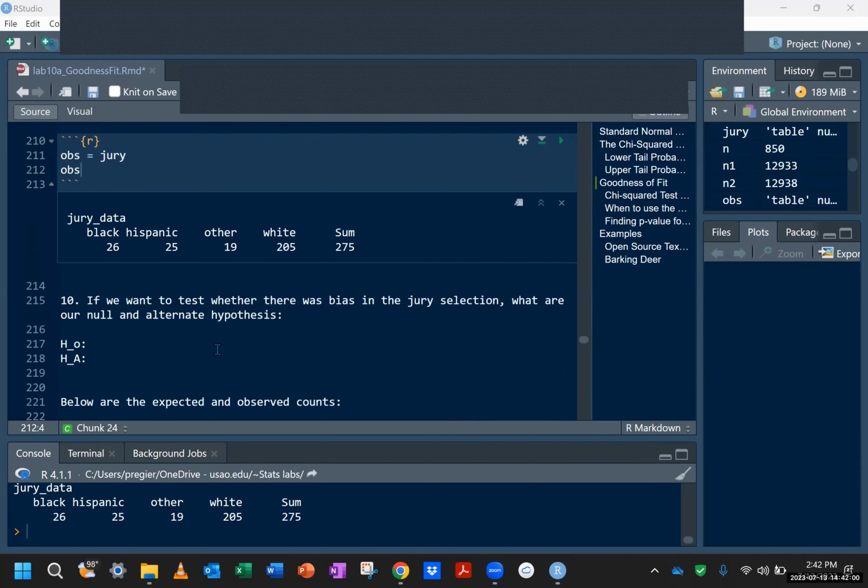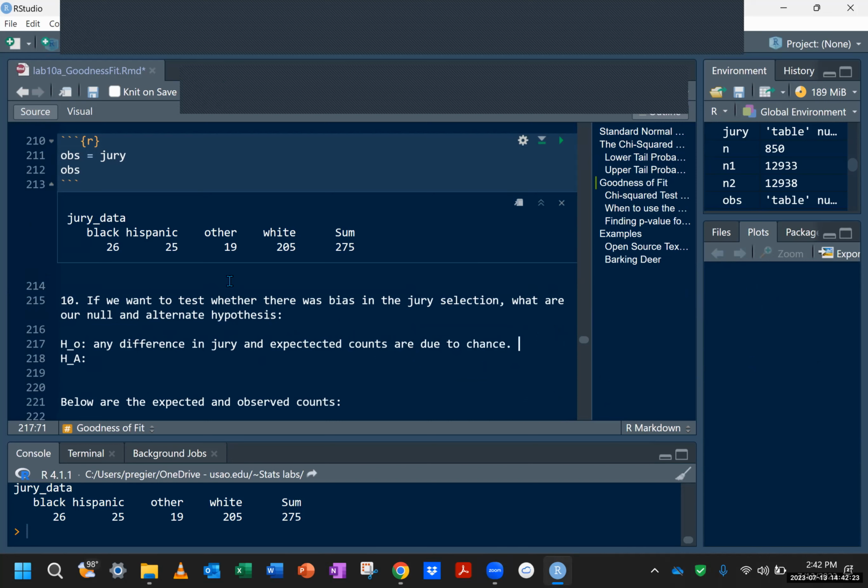So to make our test, we want to set up our hypothesis. The null hypothesis says there is no difference; any difference you see between the jury and expected counts is due to chance.